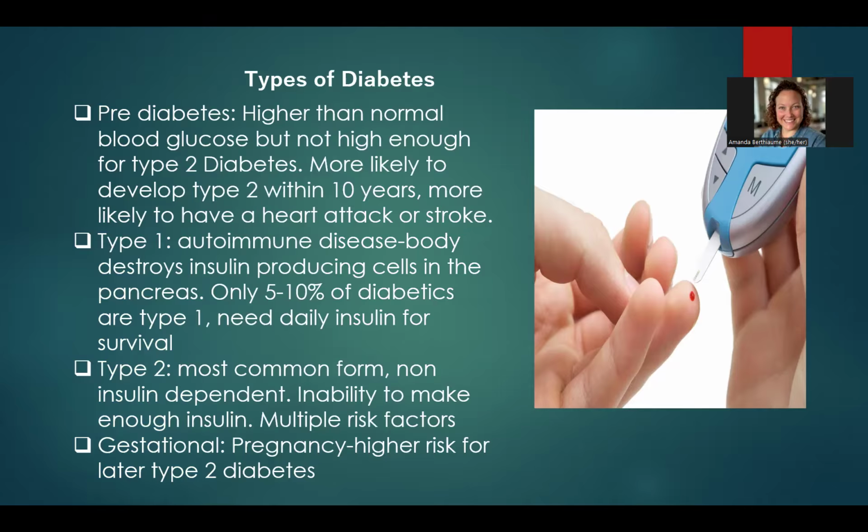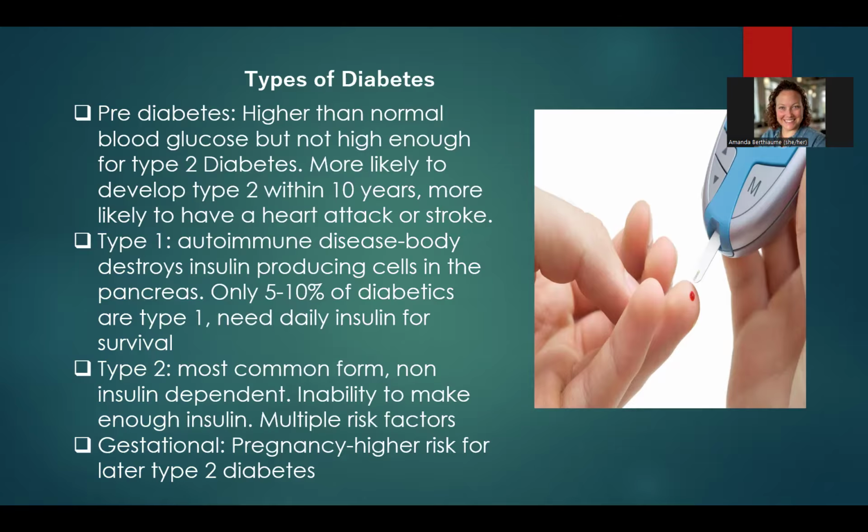There's type 1. They used to call type 1 diabetes juvenile diabetes. But there's been a lot of research and folks that are older may be diagnosed as a type 1 diabetic. So it's not always just discovered when they are young, but for a lot of folks, they will discover it right away because it starts destroying their own body, right? The autoimmune issue is destroying the insulin producing cells in the pancreas.